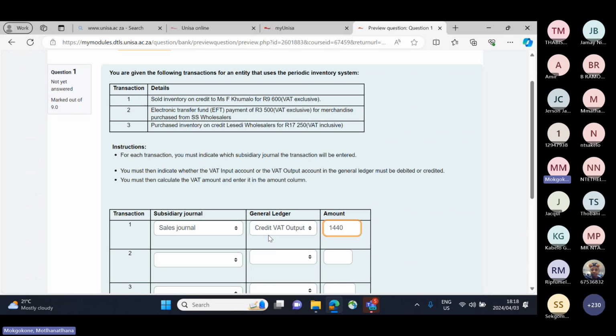That's why I said we debited our trade receivables, which is an asset, and because we sold, this is our sales, then we credited sales. And I said we debited our trade receivable with the full amount including VAT.